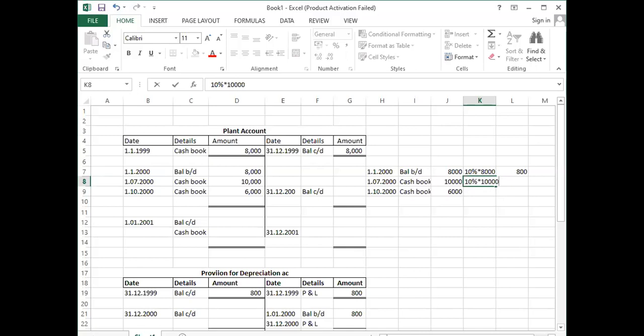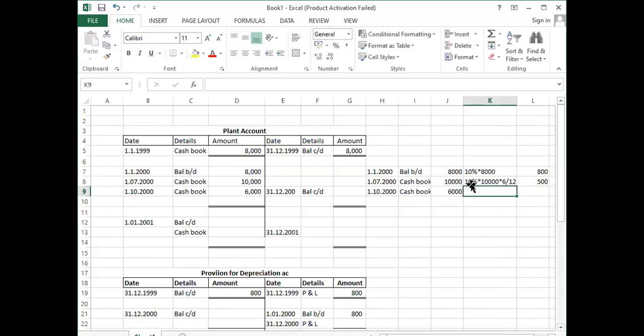Is that the end? No. That machine has been with us for how long? From 1st July to 1st December. How many months? 6 months out of 12. So that should give you what? 500. Correct. We are learning.